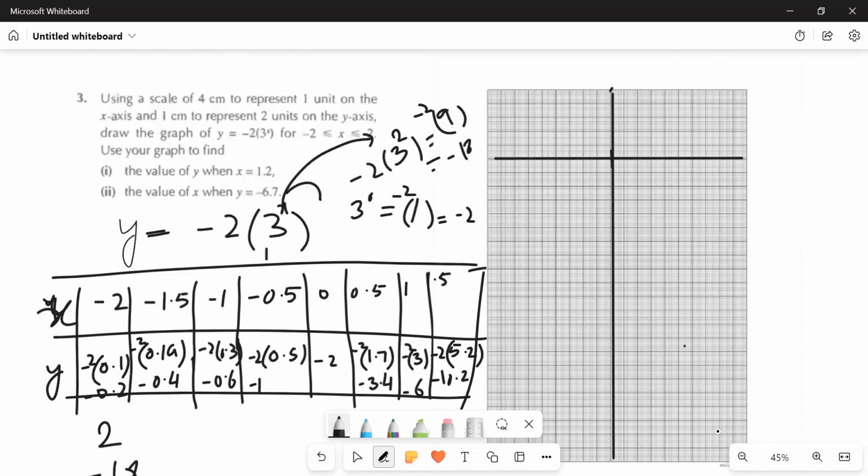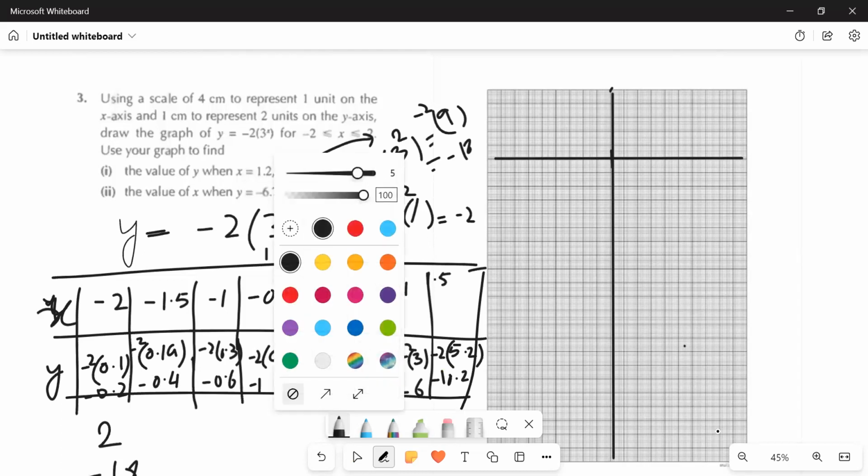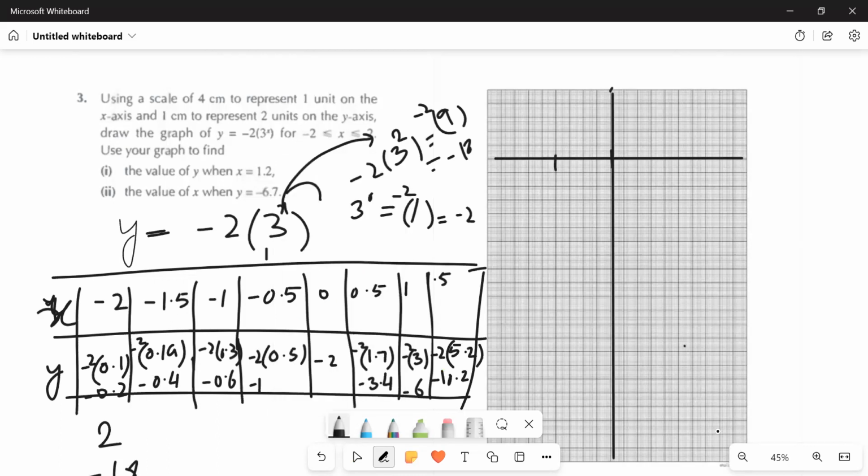yes, now this 1, 2, 3, 4, and 1 and 2, so minus 2, minus 1, and it will be here 1 and 2. According to this, it is 1 centimeter to represent 2 units. Why is it 2 units?